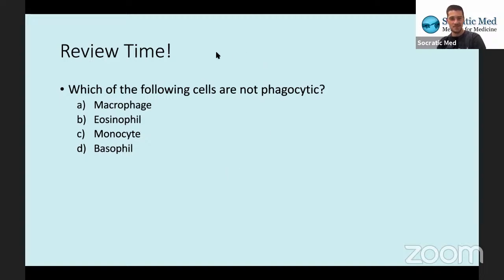But that's why we're here. We learn. So yes, the answer was D. Basophils are not phagocytic. They degranulate. They release histamine, and they recruit other immune cells to the location. And the histamine also causes a local inflammatory response. So that's their main function.